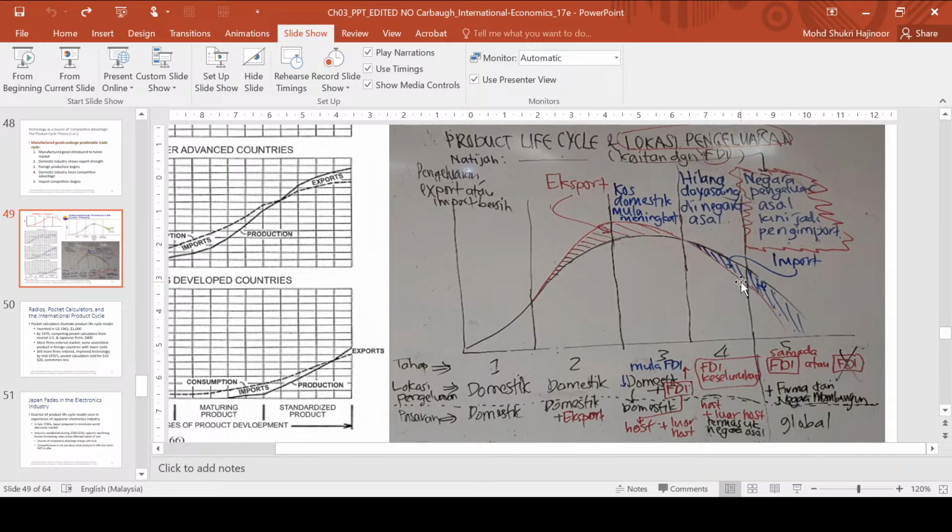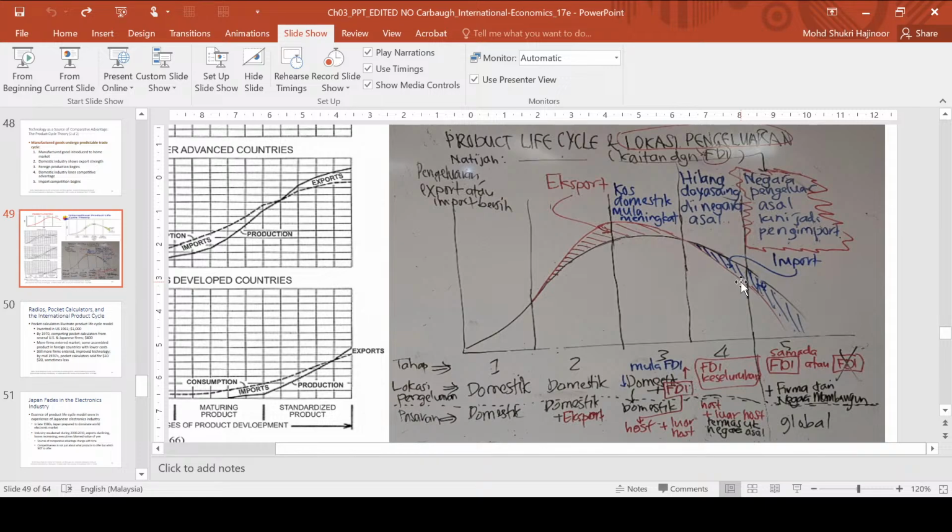And finally, phase number 4, completely. The country that introduced TV now imports TV. The original producer country now becomes the importer.